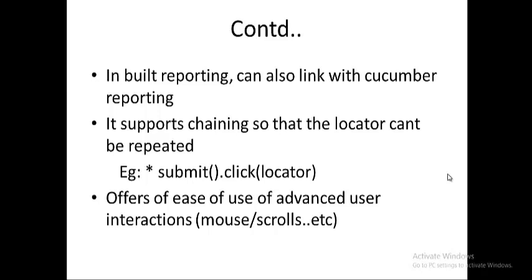The submit action would return the driver object, and that driver object would be automatically supplied to the click function, and the click operates on a particular locator. That way you are not writing too many statements, and you don't need to write driver dot driver dot, unlike in Selenium where we write driver dot find element and driver dot manage dot windows.